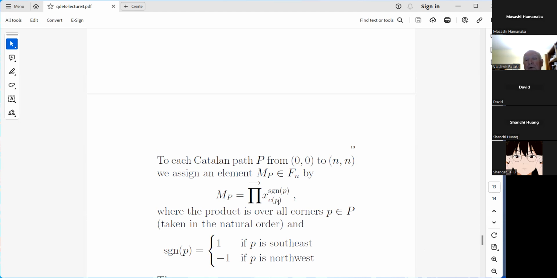The content is just a non-negative integer, which gives me the index of this free variable x, and depending on the structure of the corner, I assign to each the power 1 if the corner is southeast, going to the right and up, and -1 if it is northwest, going up and then to the right. And so then I have monomials.